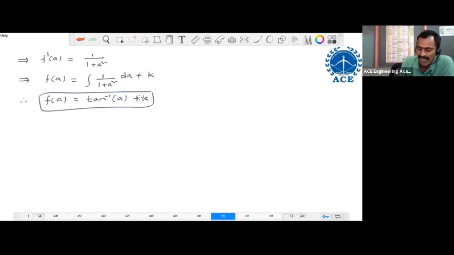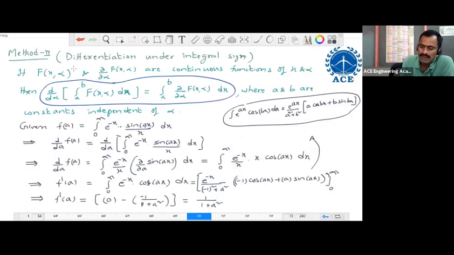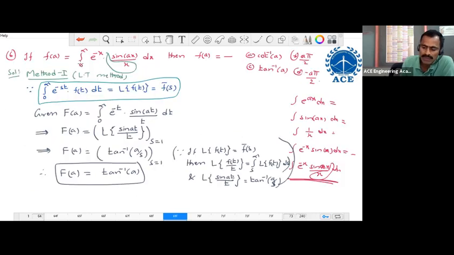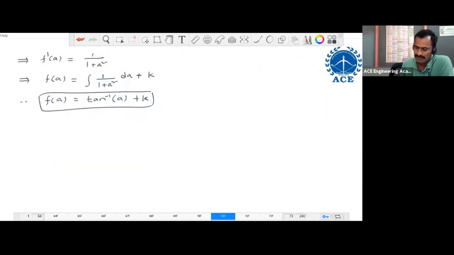And if you want to find the k value, we can use the lower limit. Put a equal to 0. For a equal to 0, the above becomes f of 0 equals tan inverse of 0 plus k.